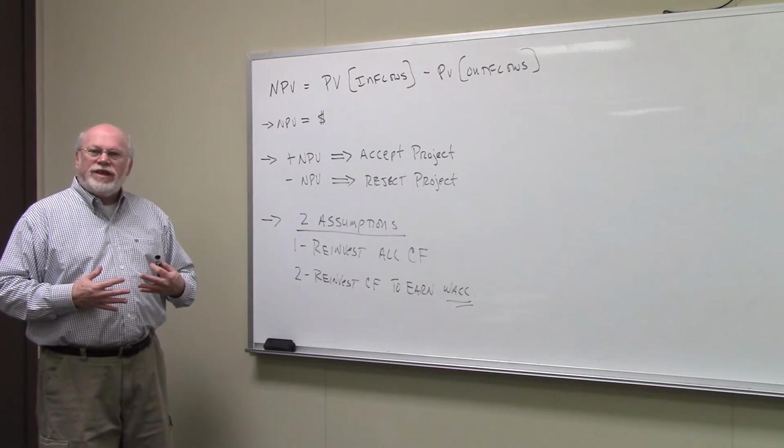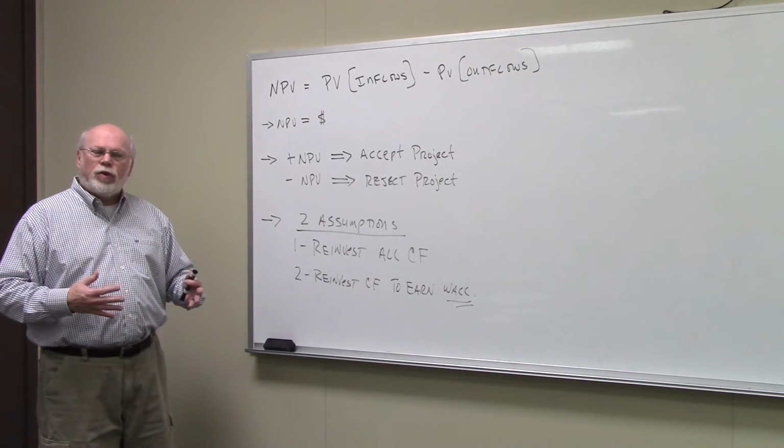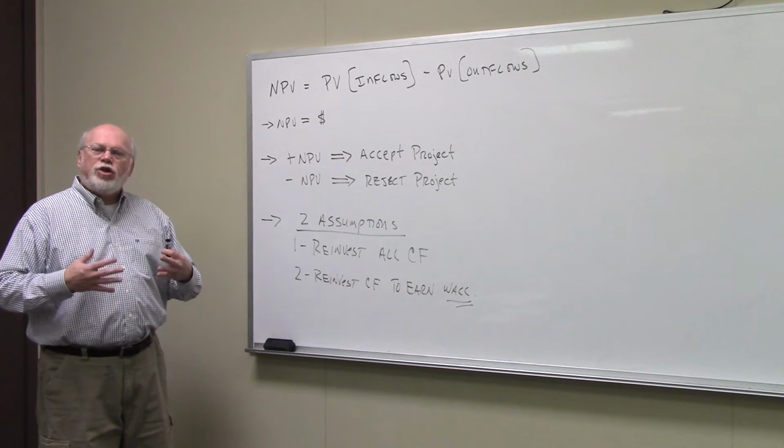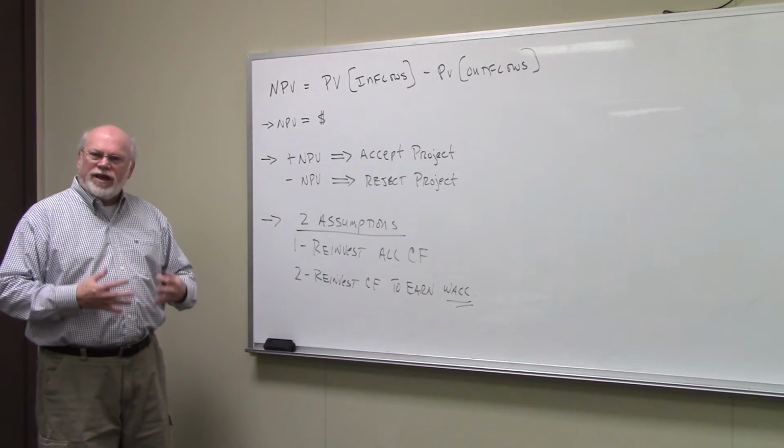If in one of the years you decided to go on vacation and spend the money or what have you, you'd get a net present value, but it'd be less than the present value that you originally calculated.